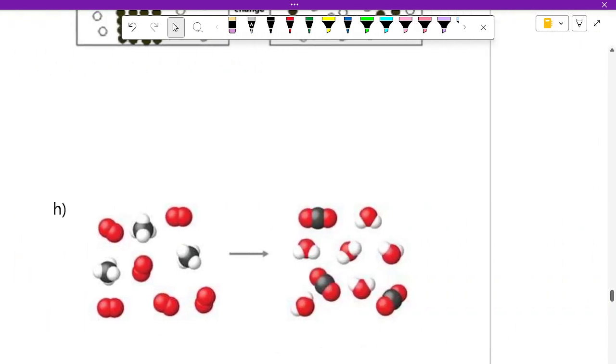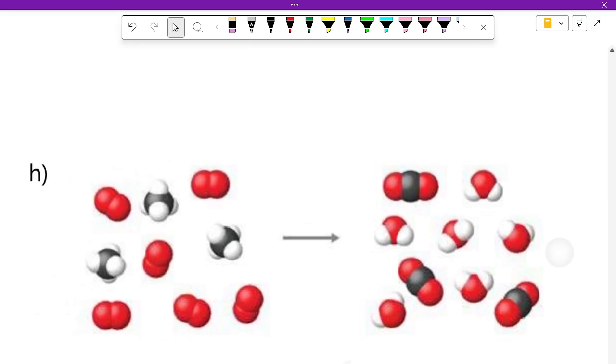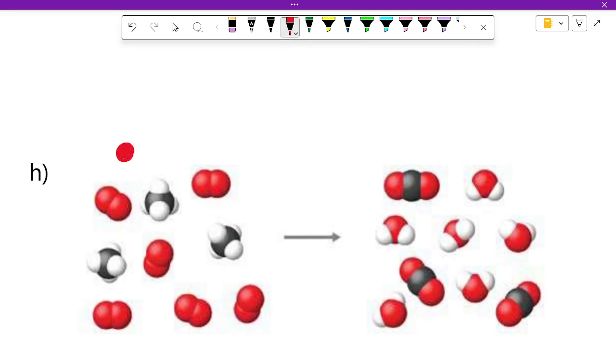Let's go down to H. We have these red ones. Are you looking? We have the one that's black with 4 white things attached. 1, 2, 3, 4.